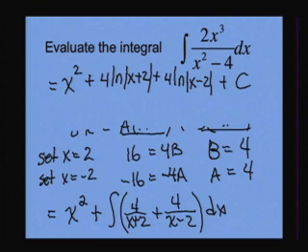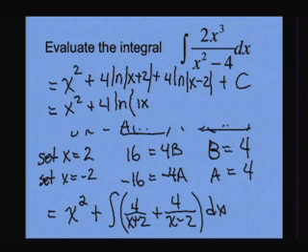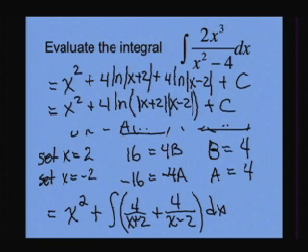And I can do a little bit of an algebraic manipulation with this, which would give me x squared plus 4 times the natural log, and then in parentheses, the absolute value of x plus 2, let me make that a little longer, times x minus 2 inside absolute value bars, close the parentheses, plus c.